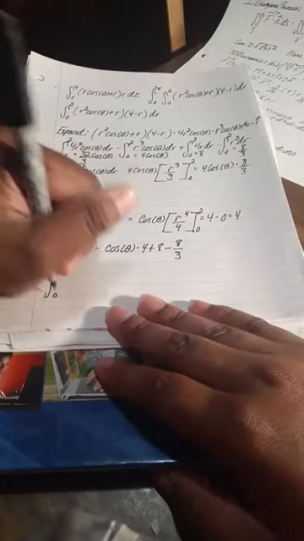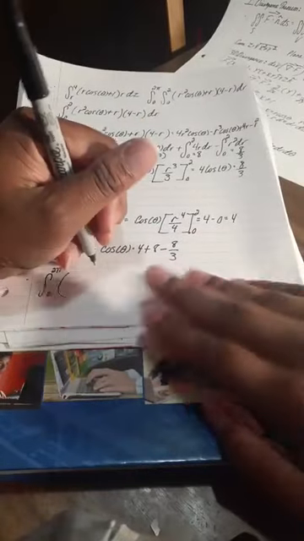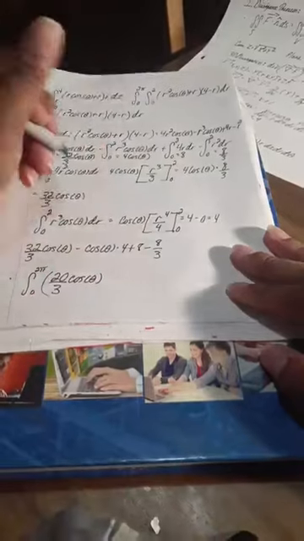And our last integral will be from 0 to 2 pi, because we're integrating with respect to theta. So what we'll get is 20 over 3 cosine of theta, and then it'll be minus 8 over 3 plus 8.